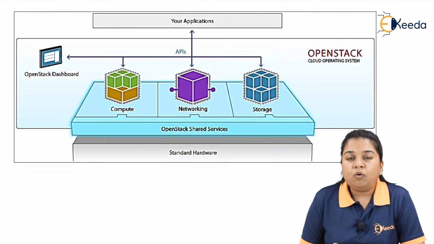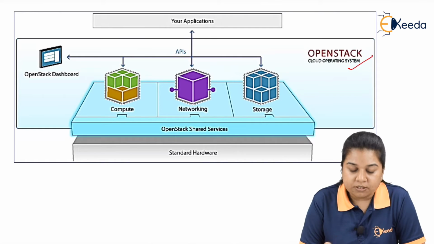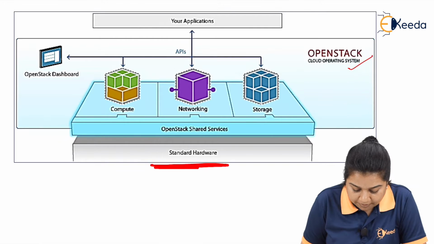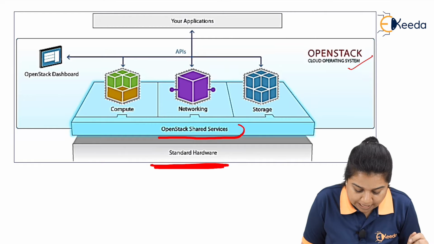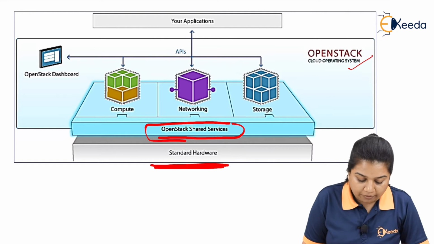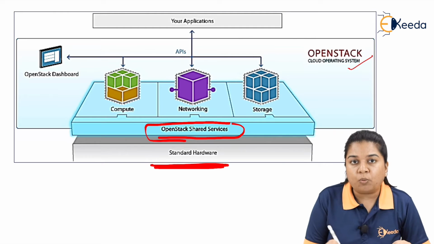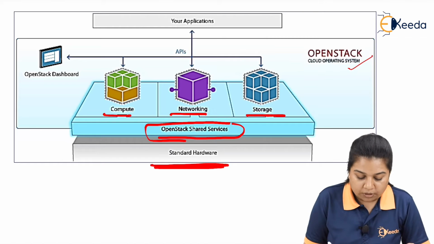This is the overview of the OpenStack Cloud Operating System. How does it work? We have standard hardware in the first layer, then we have the OpenStack shared services in the next layer, and after that, in the upper layer, we have compute, networking and storage.